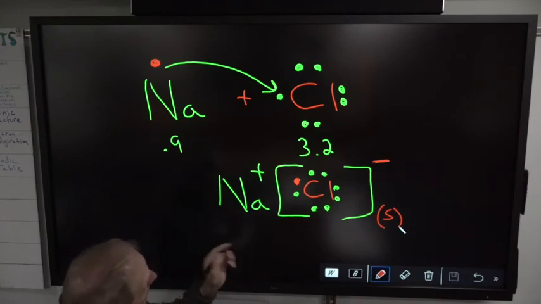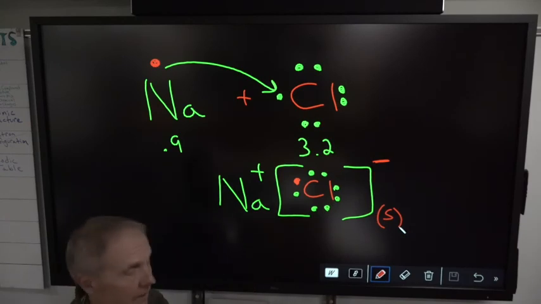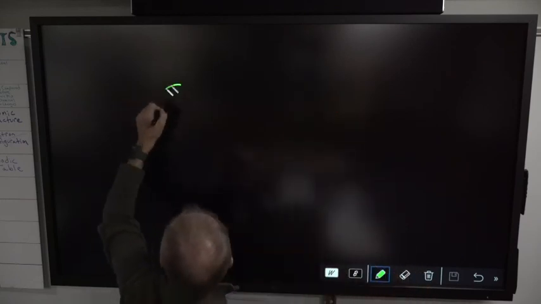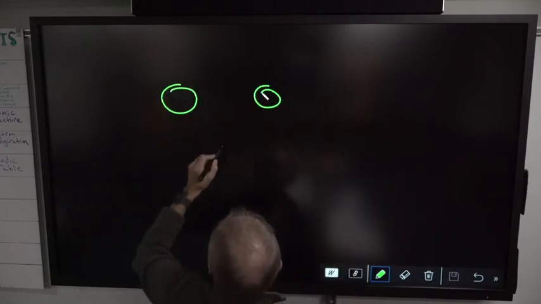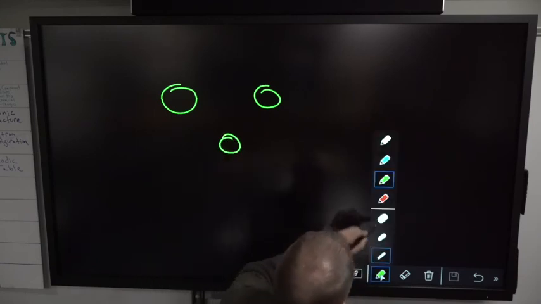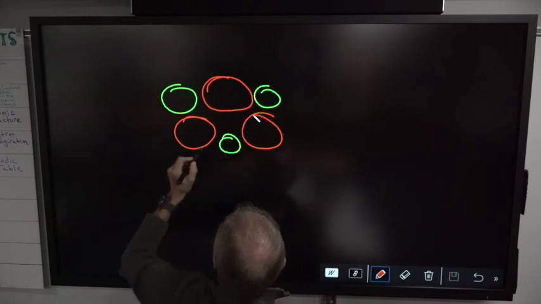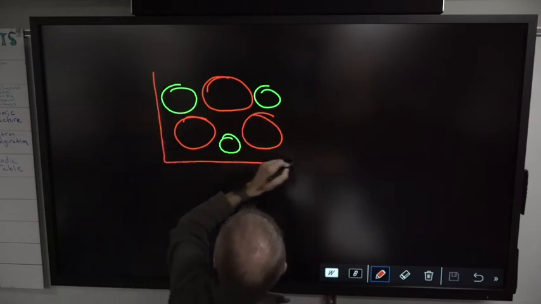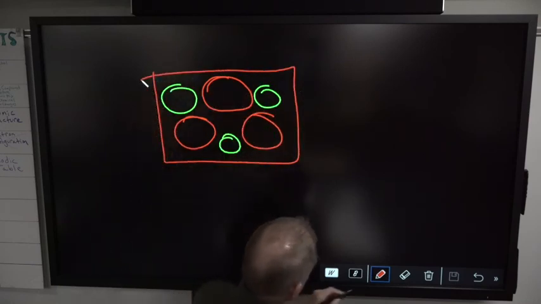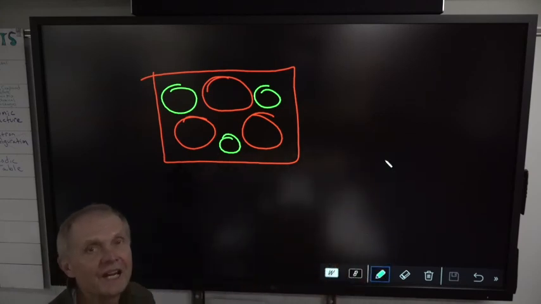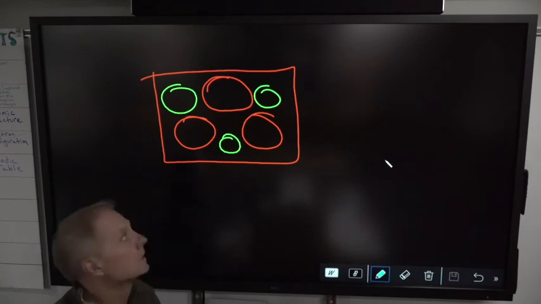Now, another way to look at this is this way. We can say this is a crystal of NaCl.